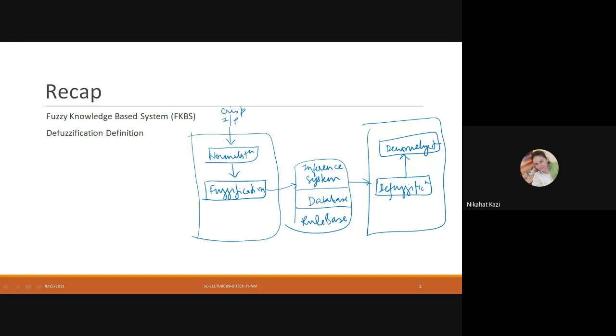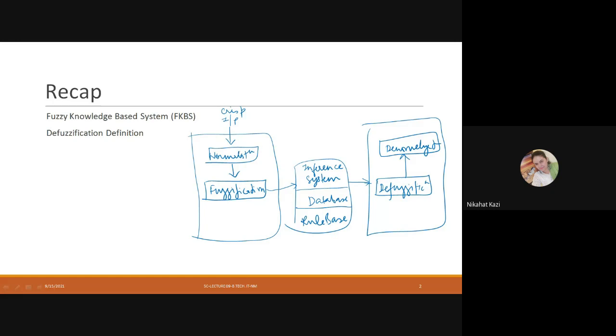The inference system actually computes the overall output. And that overall output is fuzzy because that comes in the then part of the rule. So again, it's a fuzzy if then rule. So both sides are fuzzy. The if part, that is the antecedent, and the consequent, both of them are fuzzy. So that output is fuzzy in nature.